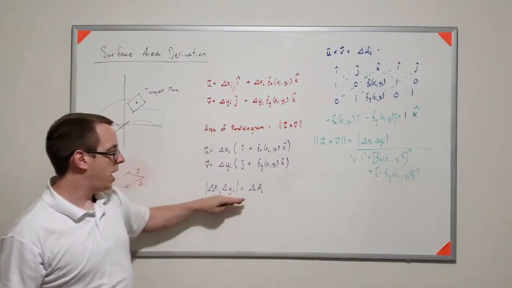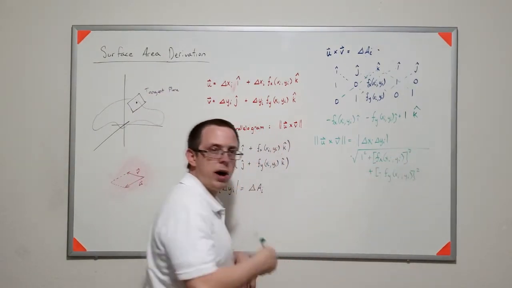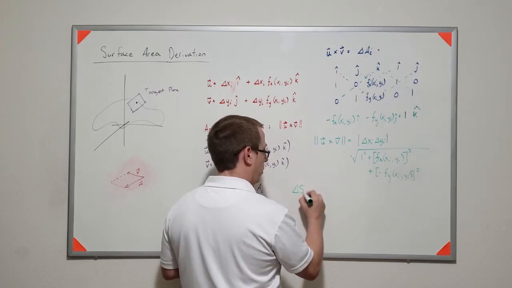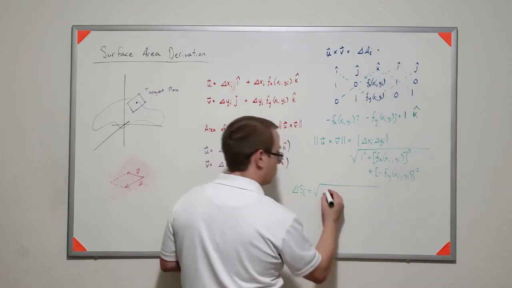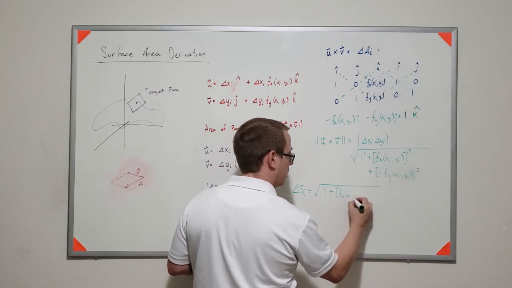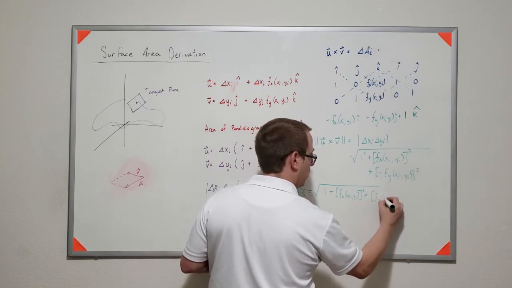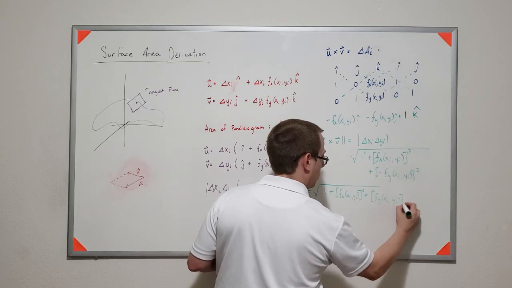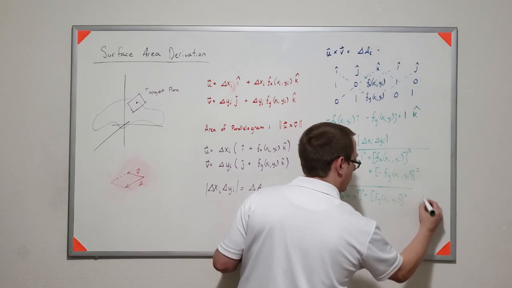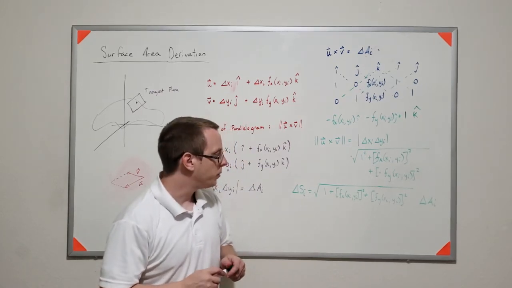Well, we saw that is just that rectangular surface area. And then because it's squared, the negatives go away. So your final result for your differential surface area is the square root of 1 plus the partial with respect to x at the point squared plus the partial with respect to y squared, times the differential area of the rectangle.